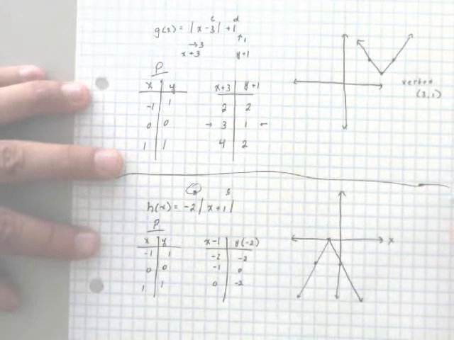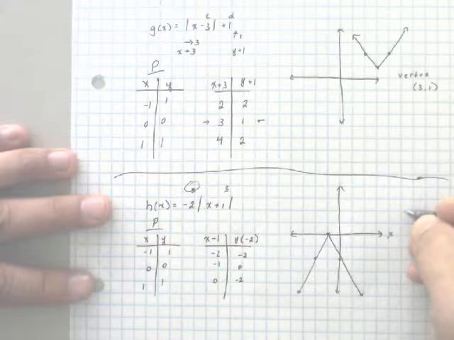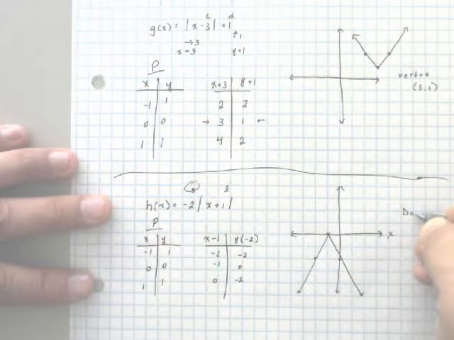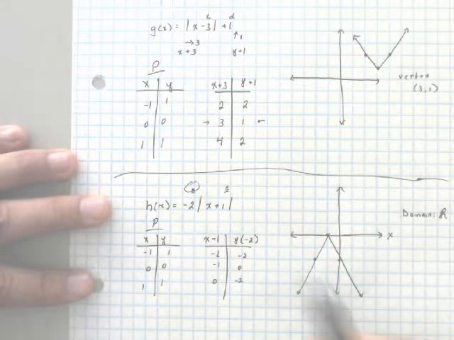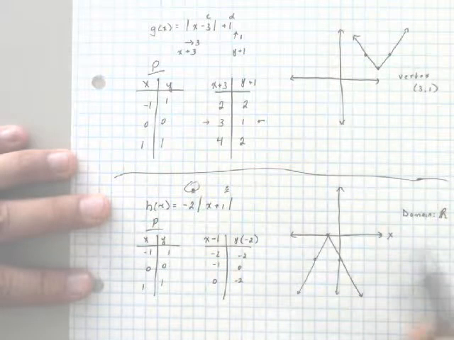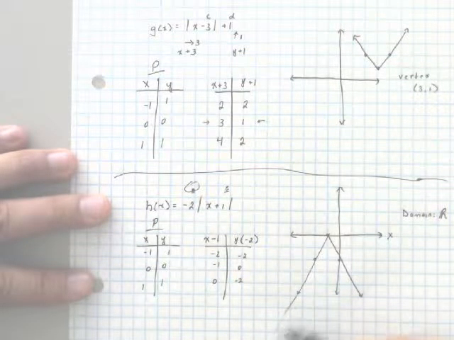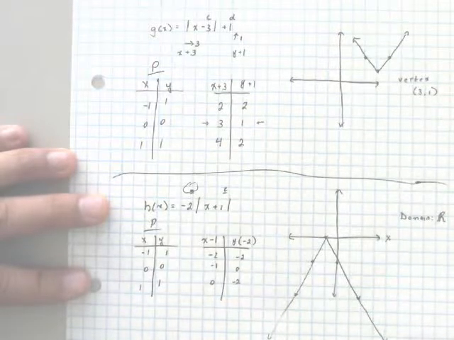Okay? And now, a follow-up question, since we're talking so much about domain and range with functions: the domain of this function is going to be all real numbers. That is because the absolute value function continues out to the left and out to the right forever. It just keeps going out and out and out. So the domain is going to be all real numbers.